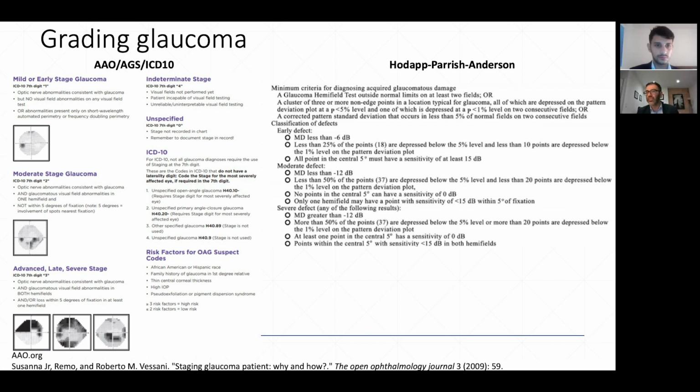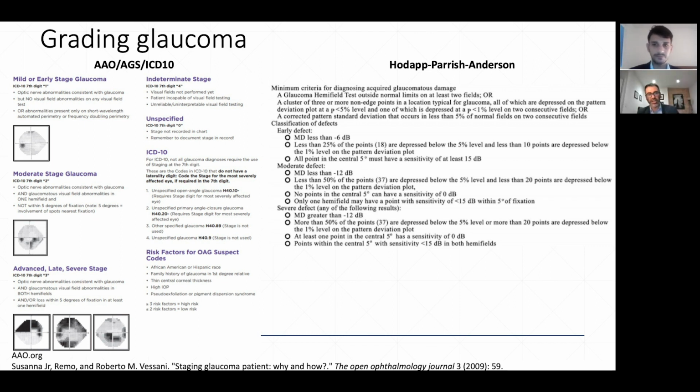And then the severe is within central 5 degrees of fixation or loss in both hemifields. So from a conceptual standpoint, I think for a practicing clinician, that might be an easier grading system. But when we do all our studies, from an academic standpoint, the Hodapp-Parrish-Anderson is probably the way to go.